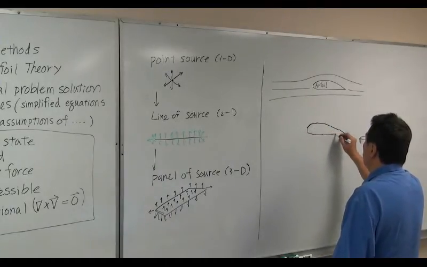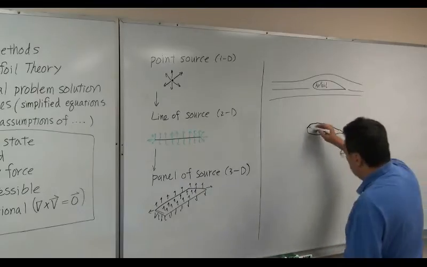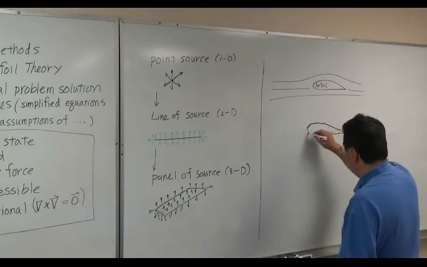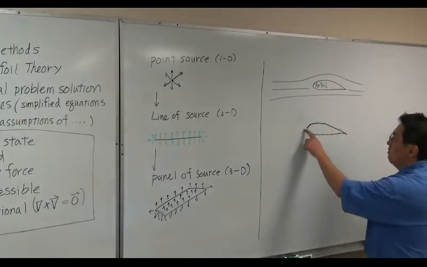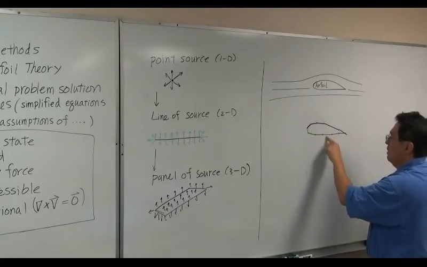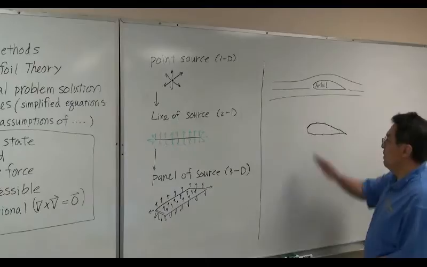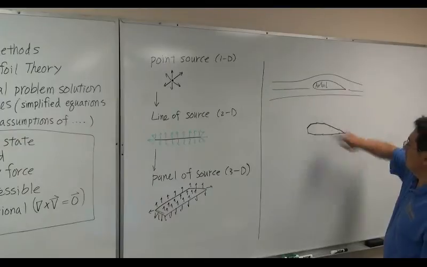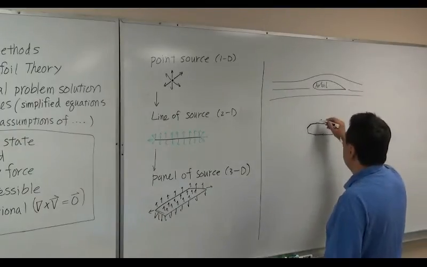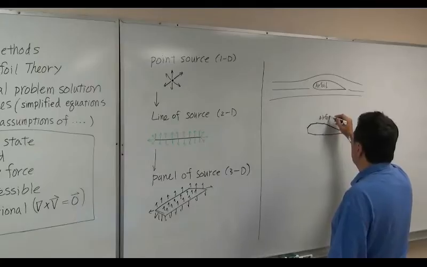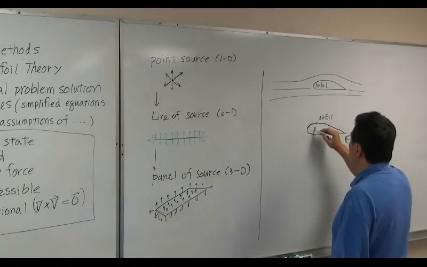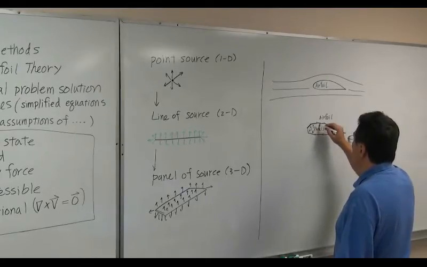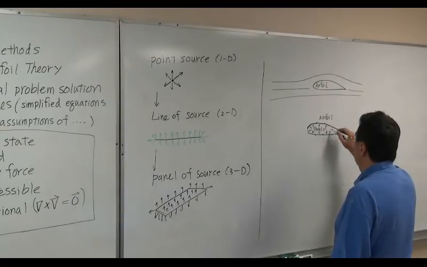Each one of those source panels is just a flat panel. So I'm using 13 flat panels combined together to represent a shape like this. It's an airfoil made up of panels. Each one of them is a straight panel making up the airfoil.